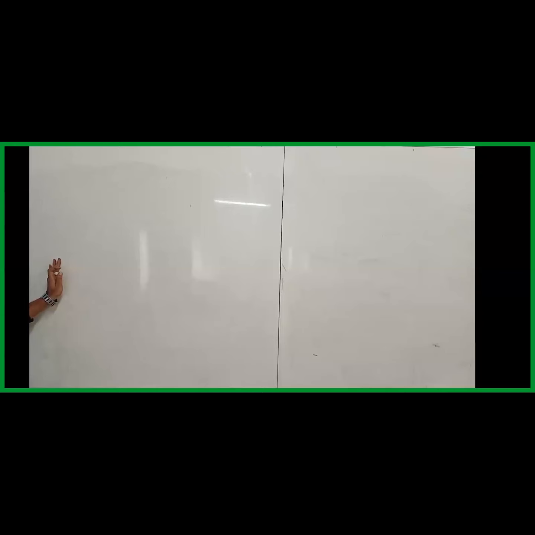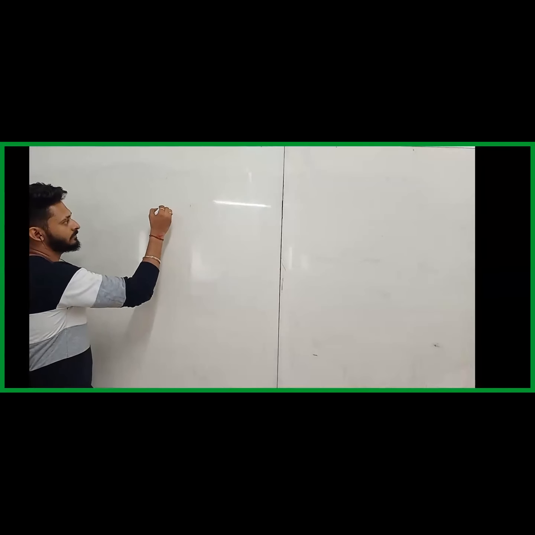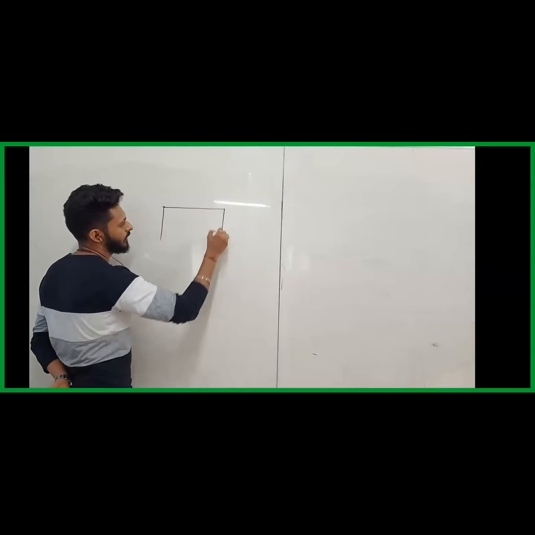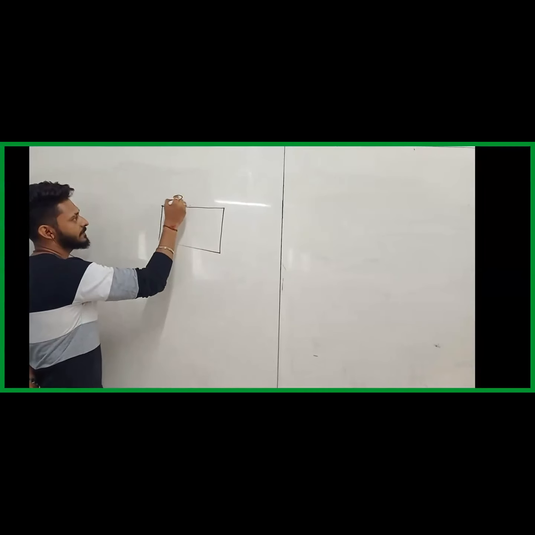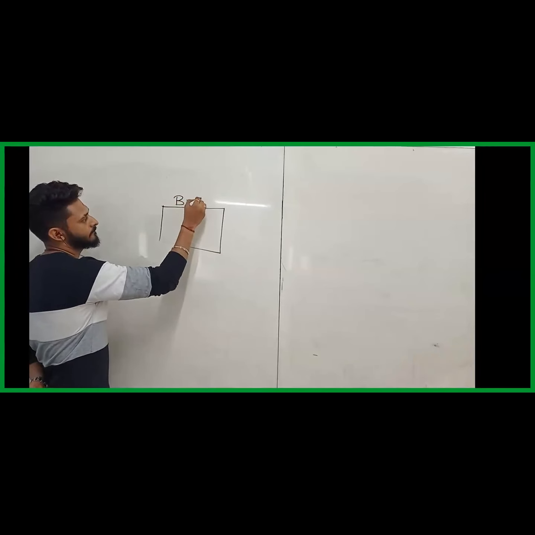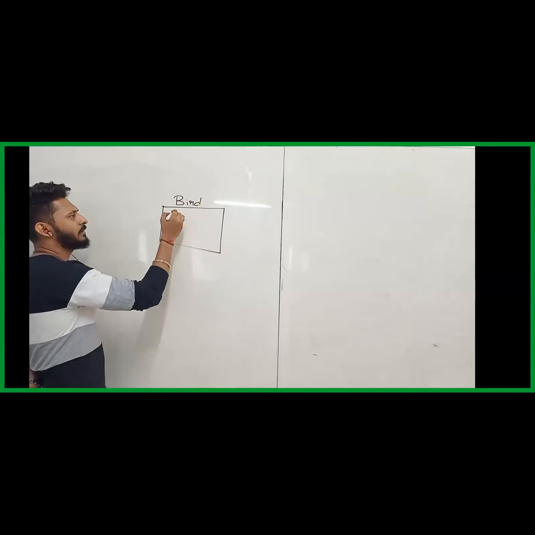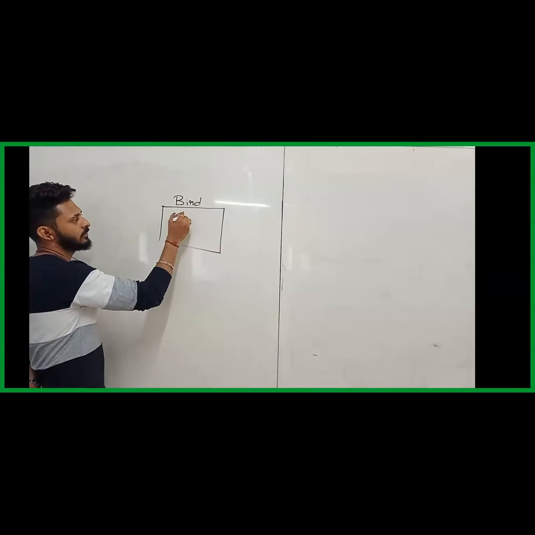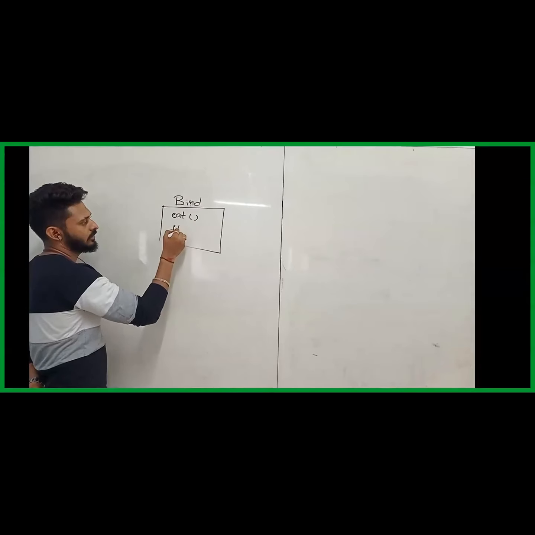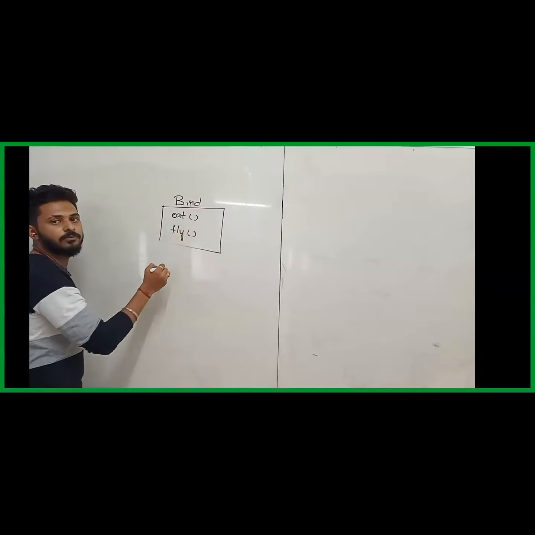What is the concept for explaining all these scenarios? I'll consider one single example. Getting my point? Here, I'll consider one class, a Bird. What exactly can a bird do? It can eat. It can fly.